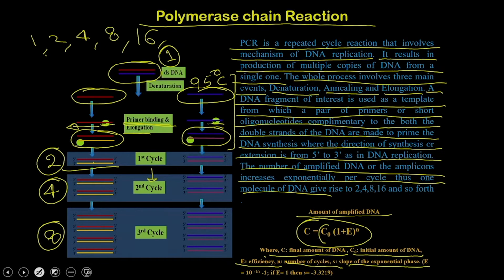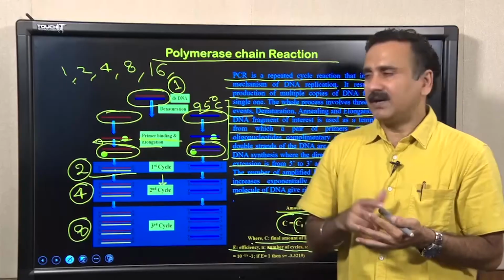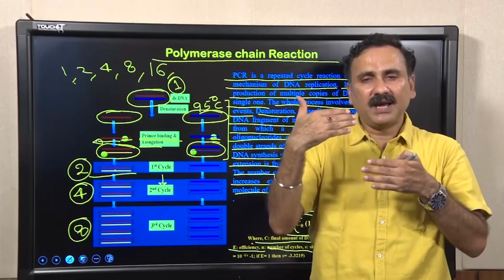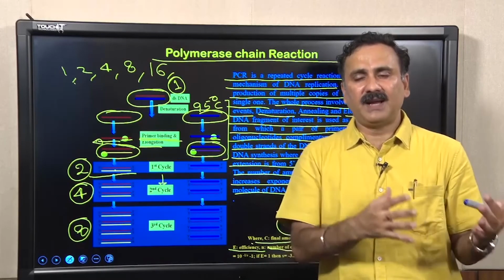S is the slope of the expansion phase, and that you can calculate from these equations.